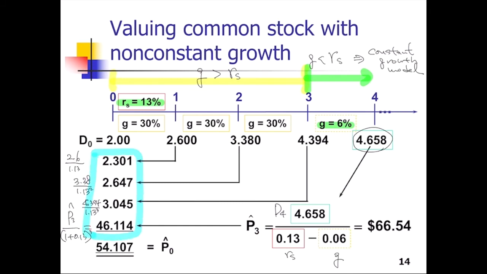Why? Because D0 means the current dividend. So D0 is already paid. We don't include D0 when we solve the present value of the future cash flow.